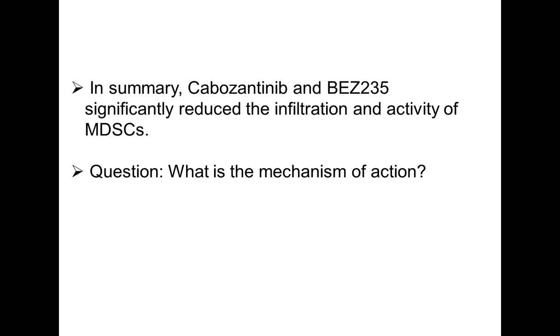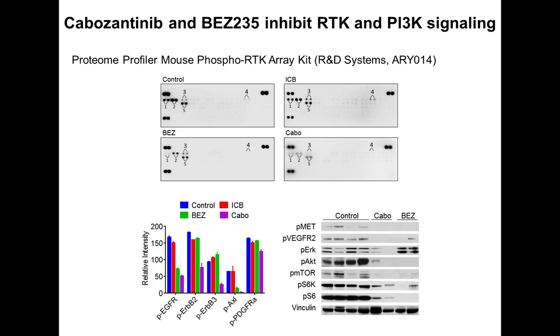In summary, cabozantinib and BEZ significantly reduce the infiltration and activity of MDSCs. The question is, what is the mechanism of action for those drugs on MDSCs? So here comes the use of the proteome profiler array purchased from R&D Systems.